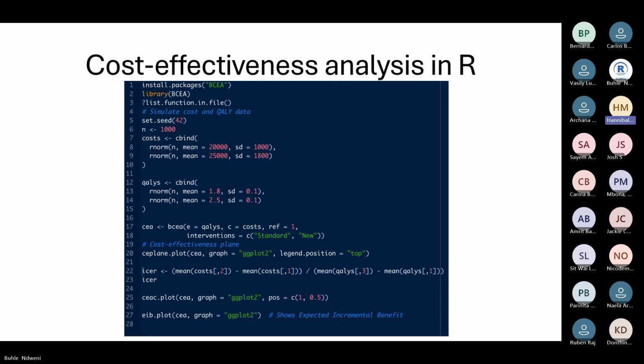The first stage of this code that I'm showing here is just simulating the data that you're going to use. And for consistency, I did use the set.seed function. The first thing we had to do was generate the cost, after which we generated the QALYs, and we did the initial cost effectiveness analysis, which we use now for plotting the cost effectiveness plane.